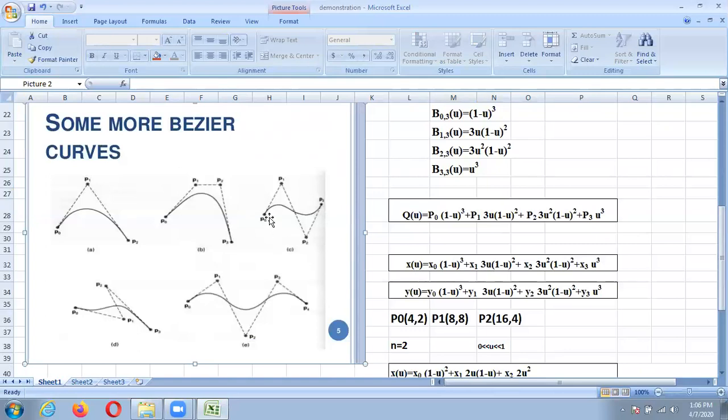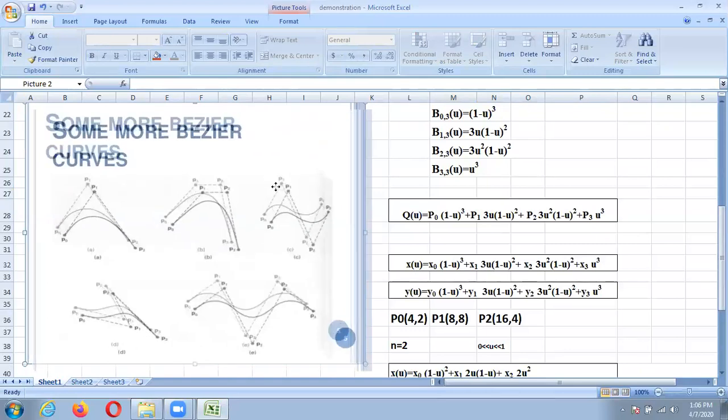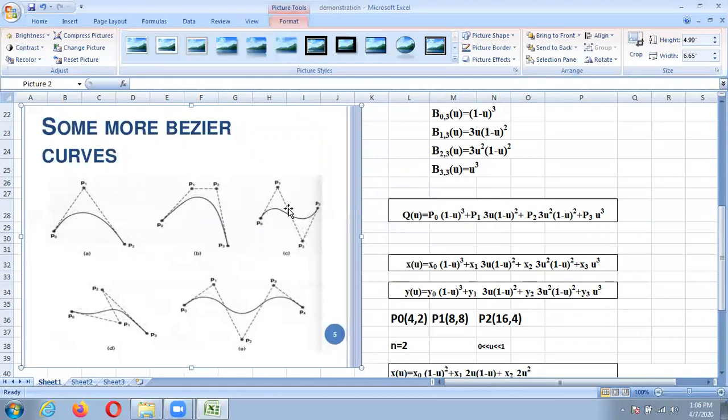Likewise here we are considering 4 control points, that is P0, P1, P2 over here, and P3. At that time what are we getting? A sine wave. And here for D, how you plot the control points, that many ways you will get the output of the curve.